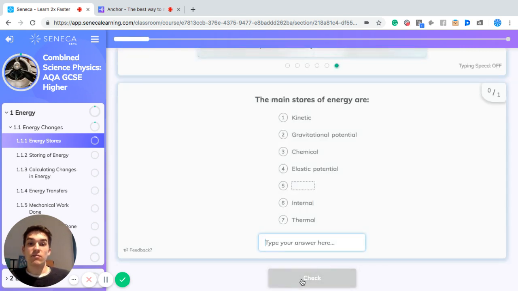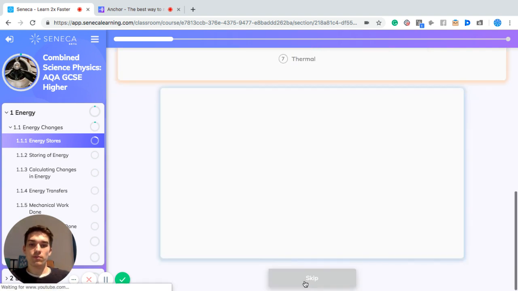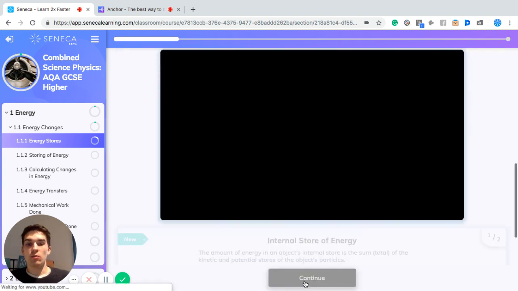So the seven main stores of energy are kinetic, gravitational potential, chemical, elastic potential, nuclear, internal, and thermal.